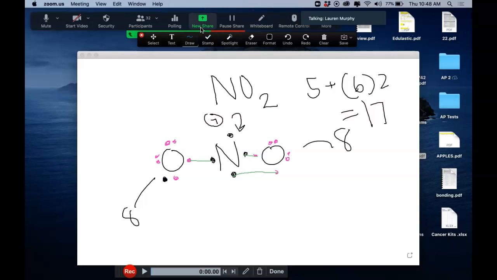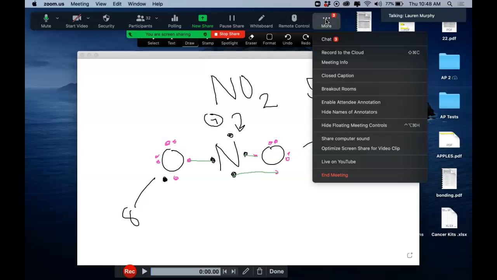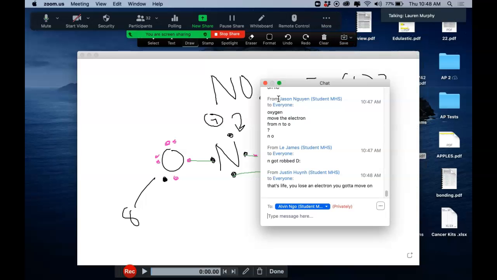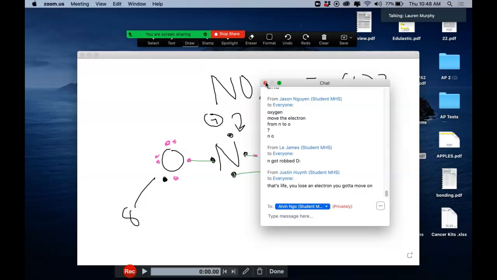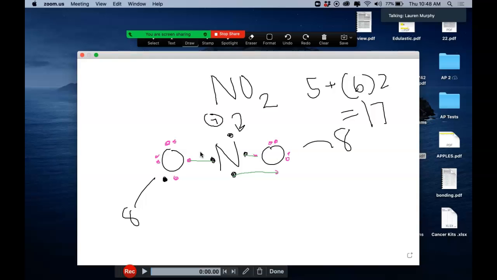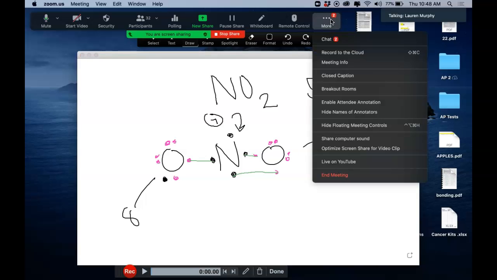I don't see these very often on the AP test anymore, but this is the Lewis structure for NO2. Yeah, nitrogen got robbed. You lose an electron, you just got to move on. I think that it gets back at everybody by being a poisonous gas. That's my assumption. It's like, oh yeah, you're not going to let me finish my octet? I'm going to be poisonous to you.